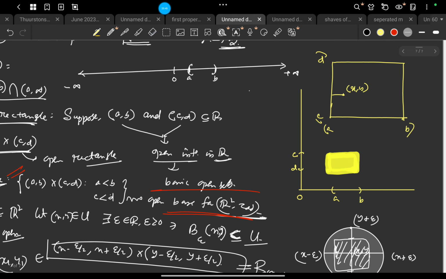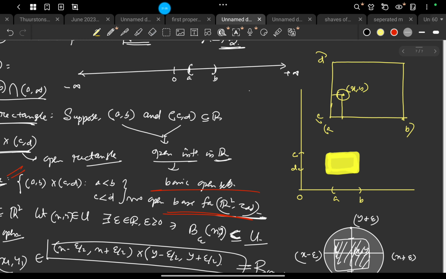So take these two distances. Take the minimum one, make it half, and prescribe a circle. This circle will be completely inscribed in this open rectangle, because you are not choosing this point from the corner.